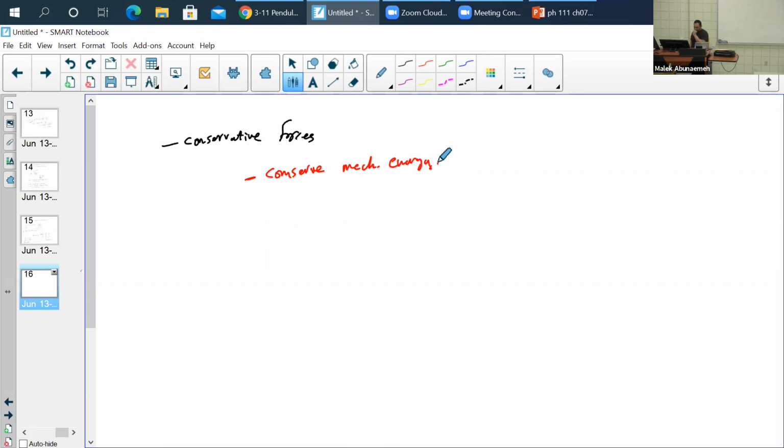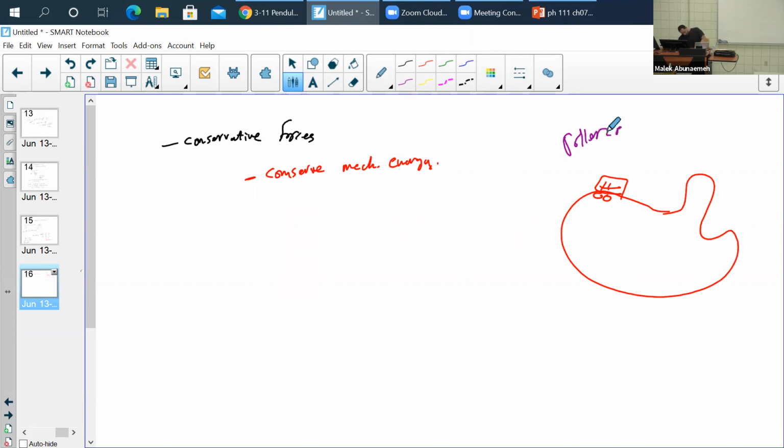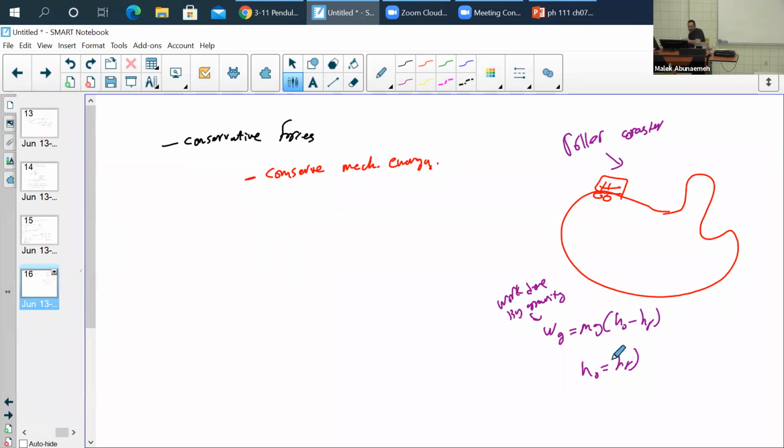The best example I like to give is a roller coaster going back and forth, where your gravity work, mg potential energy, h naught minus h_f, where h naught equals h_f. So conservative forces conserve mechanical energy.